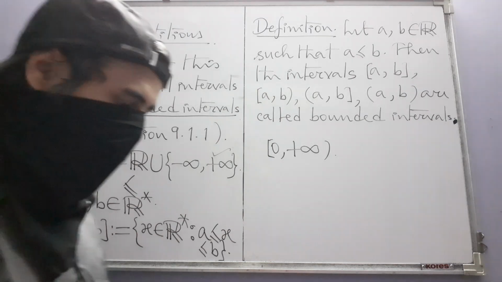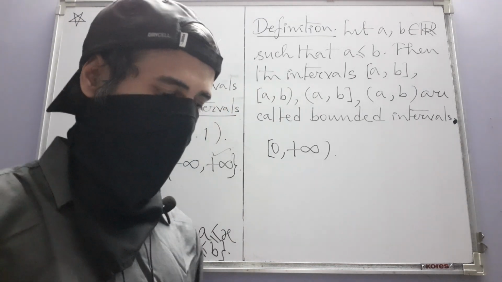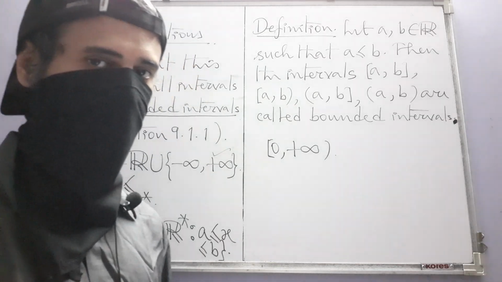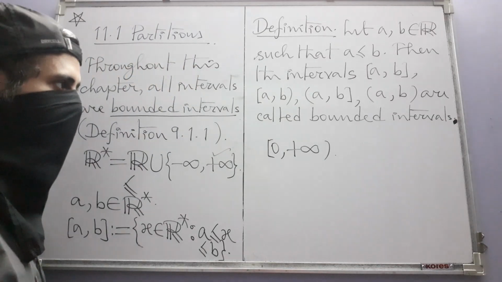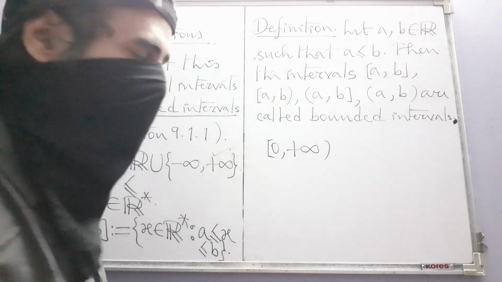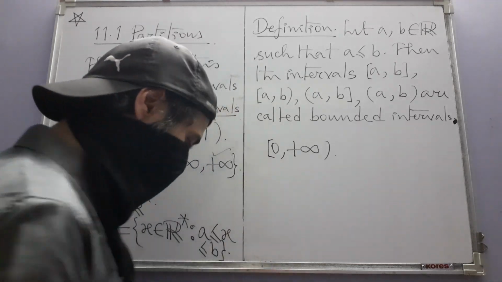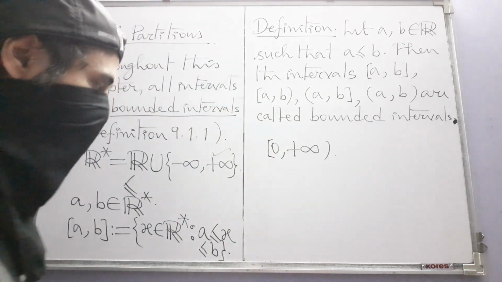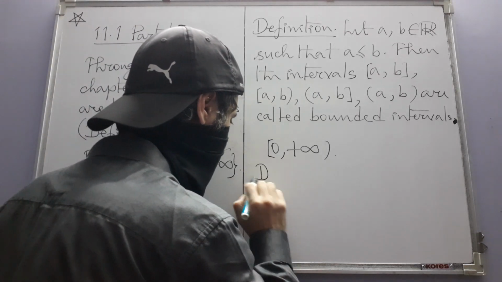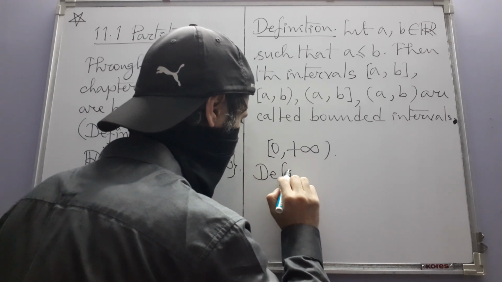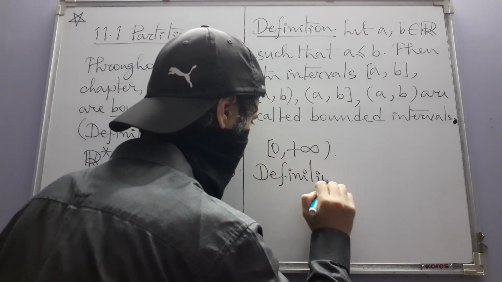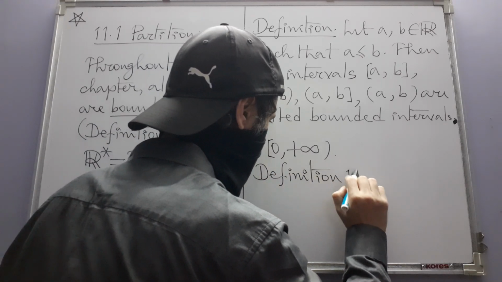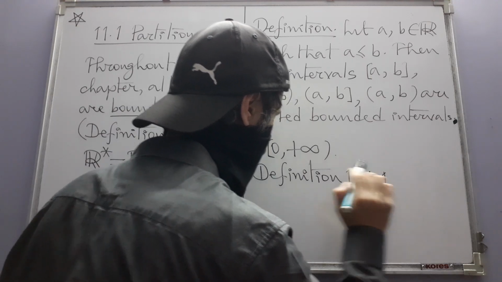All right. Now, before we see partitions though, we need to define something else, namely the notion of connectedness. And this is the first item of this section, 11.1.1.